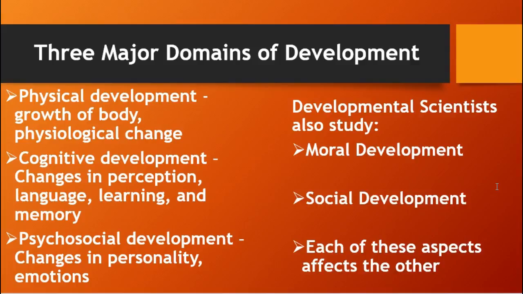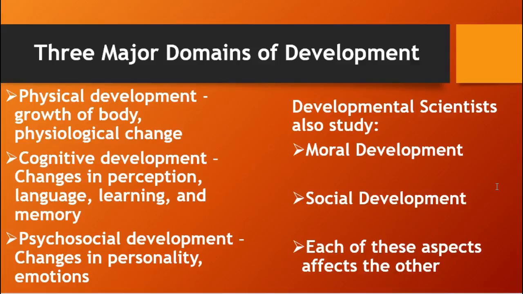Developmental scientists also study moral development, and when we study moral development, we will talk about Kohlberg's theory of moral development and how people reason and make decisions. And there are different ways that people make decisions in adolescence as well as in adulthood.